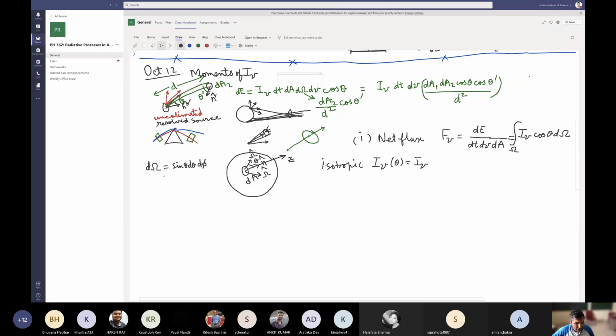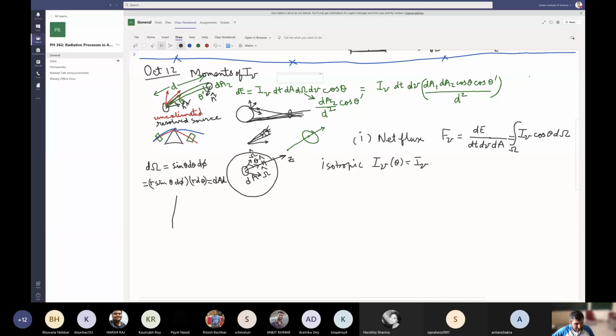Why is that? Because if you recall, r sine theta d phi times r d theta is your transverse area, equal to dA perp. In spherical coordinates, r squared sine theta d theta d phi is your transverse area.